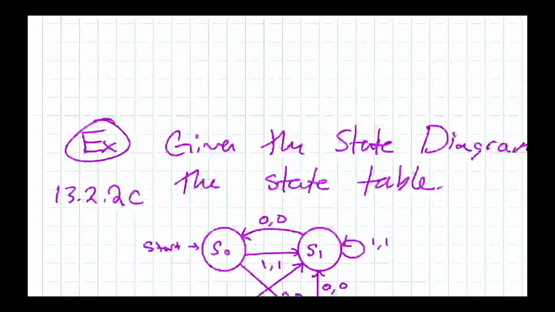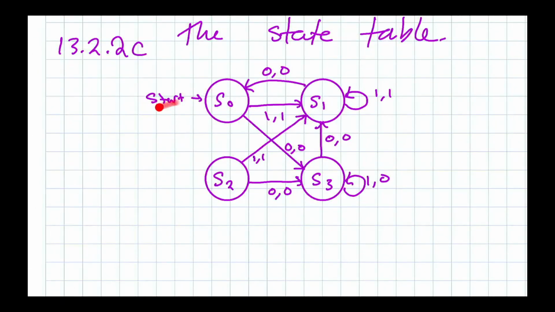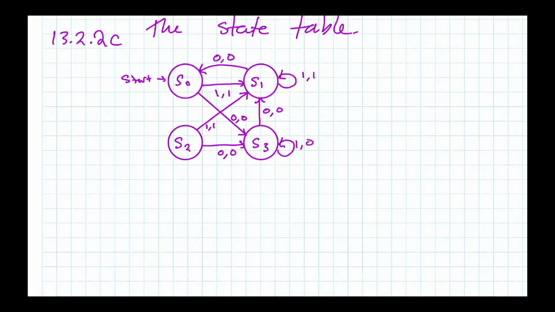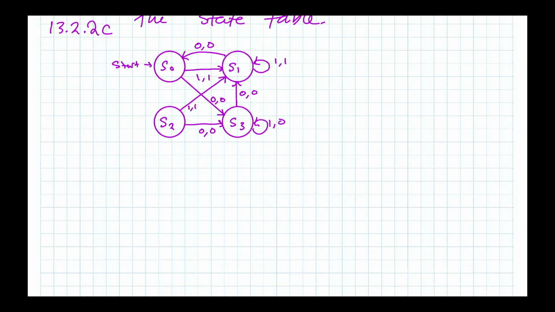So every one of these pictures, the start is actually S0 because S0 is the start in our notation. So they all have this pointing at S0. It's a little bit weird that they do that, but they do it. Okay, so there's our state diagram, and we want the table.